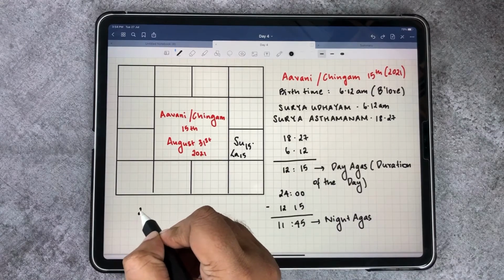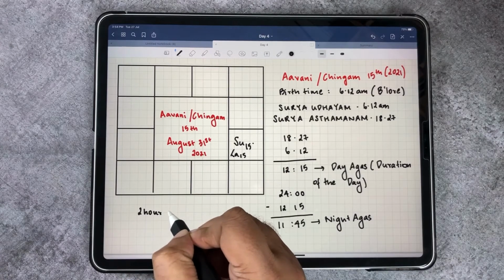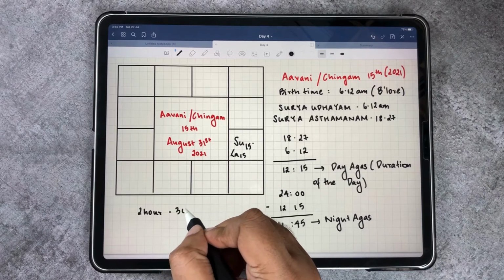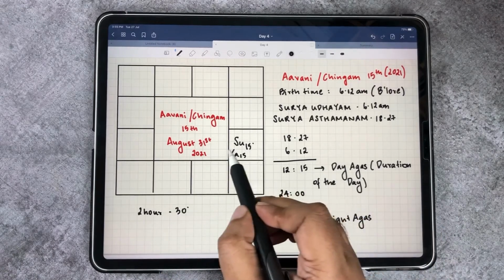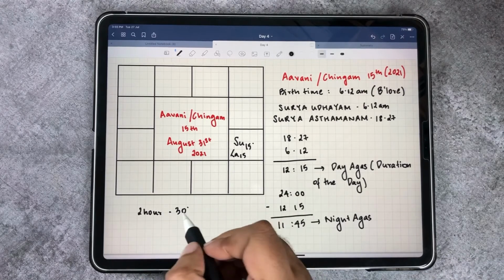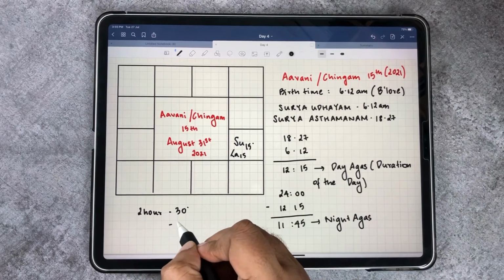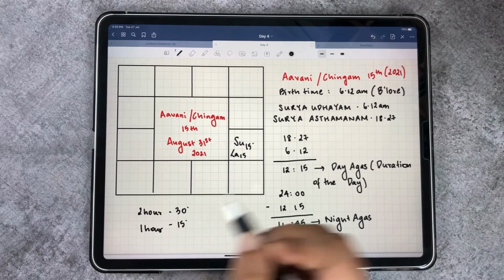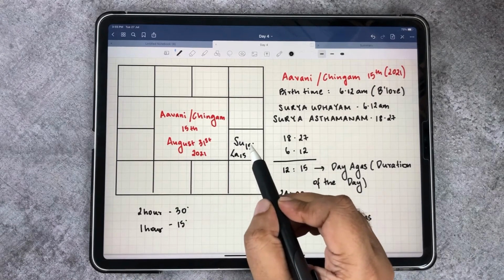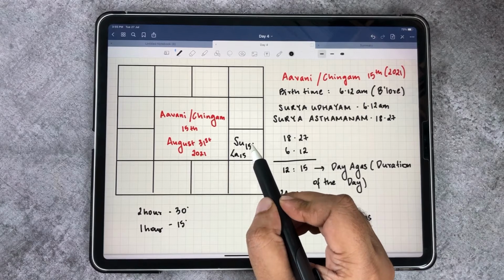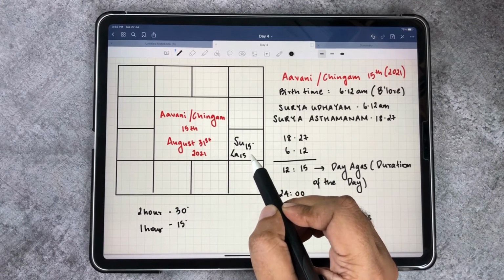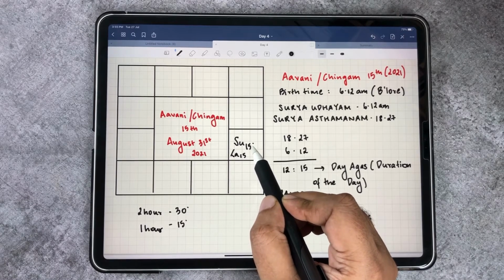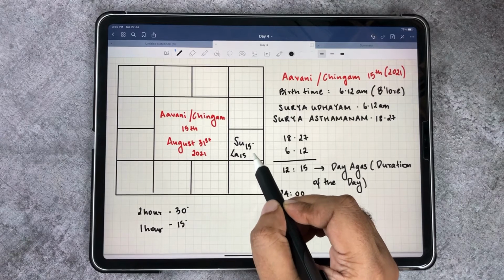So how much more time is left for it to cover this entire Simha Lagna? See, 2 hours for 30 degrees. Here it has already covered 15 degrees. So for 15 degrees, how many hours? Just 1 more hour. Correct? So here, if the sun is in 15 degrees, then the Lagna starts at 15 degrees and it will last in Simha Rashi only for 1 hour.